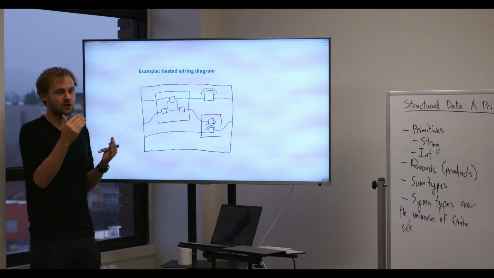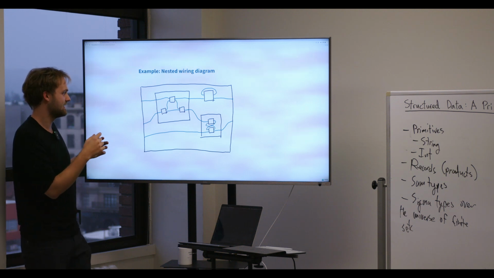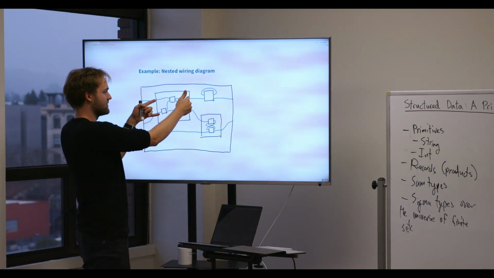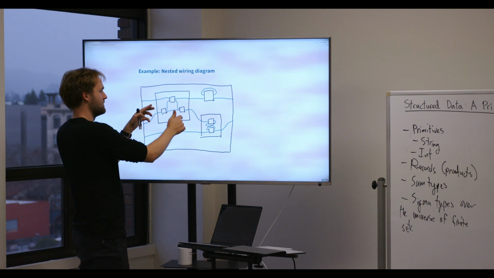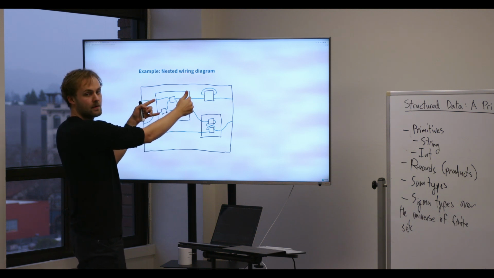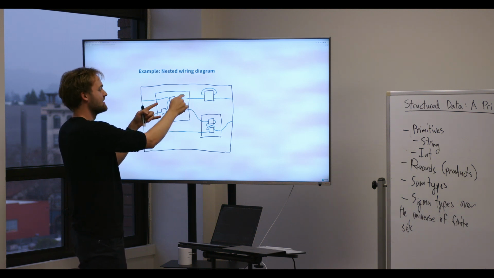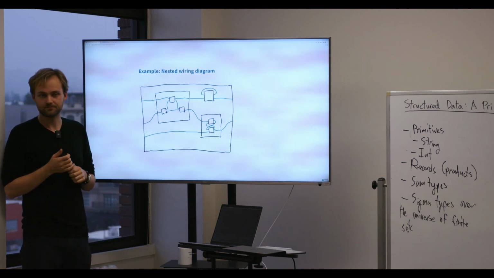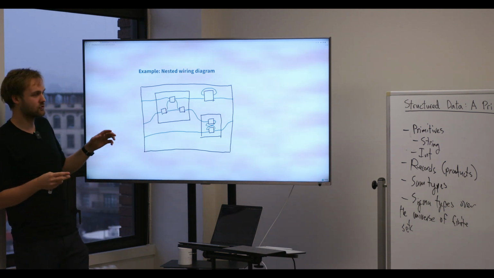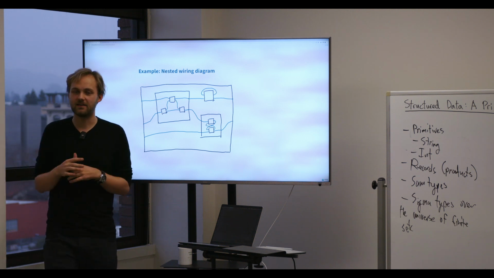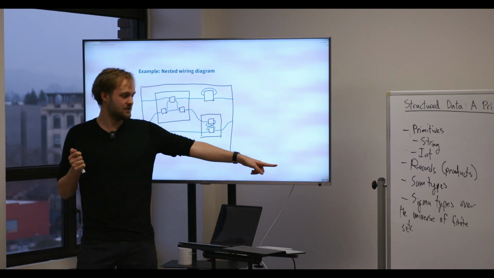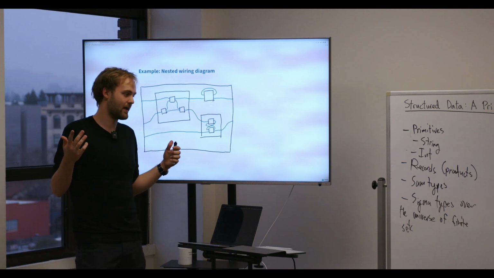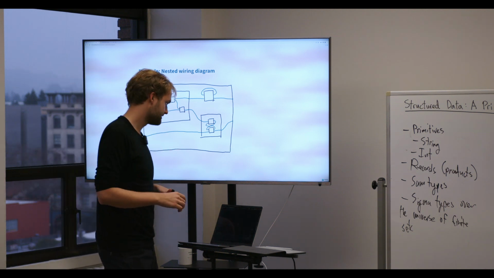But they're all interconnected in a non-trivial way, in that the ports on the box here become the outer ports of the wiring diagram inside that box. And in order to type that well, you need to use these sigma types. I mean, you don't need to, but that's one way of doing it that I've found.